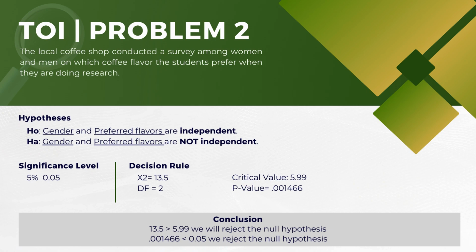So for our conclusion, we can conclude that our chi-square is greater than our critical value and our p-value is less than the significance level. Now, we will reject the null hypothesis. This means our gender and preferred flavor are not independent, meaning there is a relationship between the categorical variables.